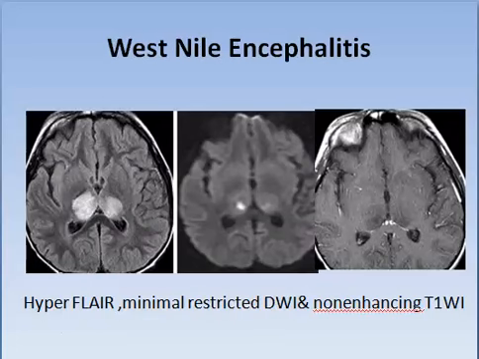Now we have what is called West Nile encephalitis. West Nile encephalitis is bilateral thalamic. We have minimal restriction, but it is resulting in hyperintensity on FLAIR, marked edema, and there is no enhancement in T1 weighted images.